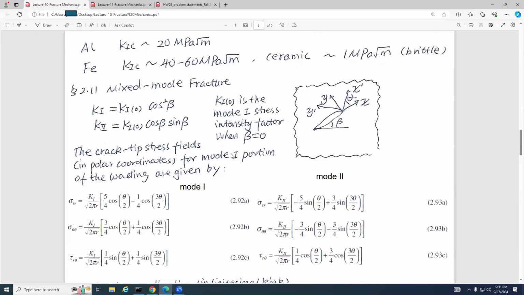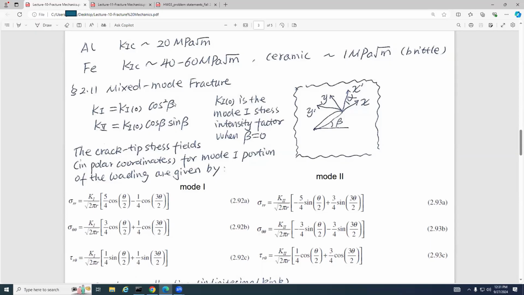So last time we talked about small scale yielding, and now this mixed mode fracture. Here is beta, x, y, and if there is another small angle, we have this alpha. This is x prime and y prime.